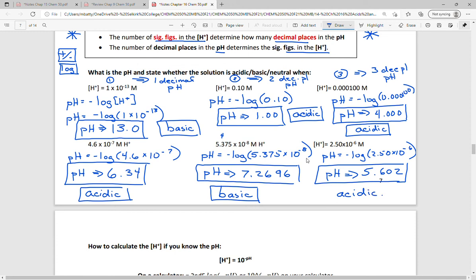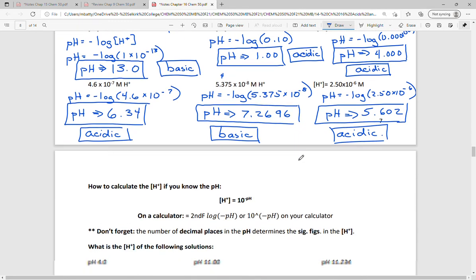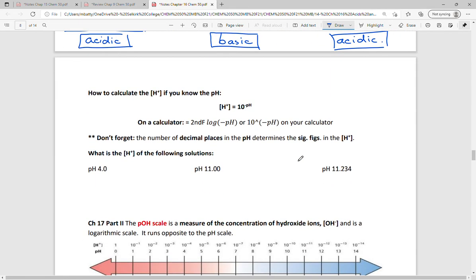So the next page is about going the other way. And again, if we have this understanding of this log button on our calculator and this basic understanding that it's solving for an exponent, you can go the other way. So if you know the pH, you can calculate the hydrogen ion concentration. Mathematically, it would look something like this.